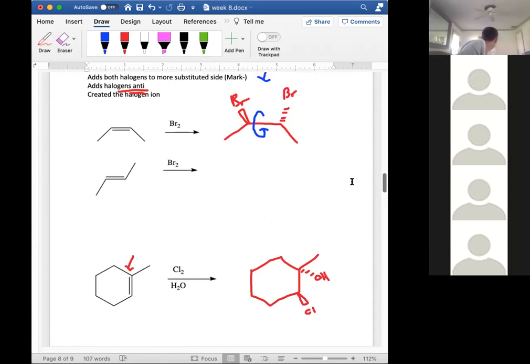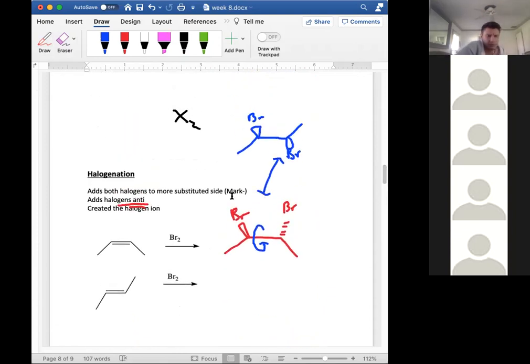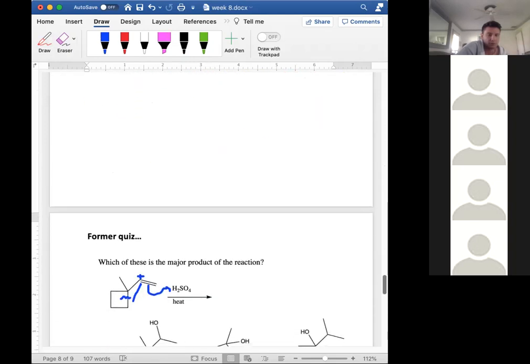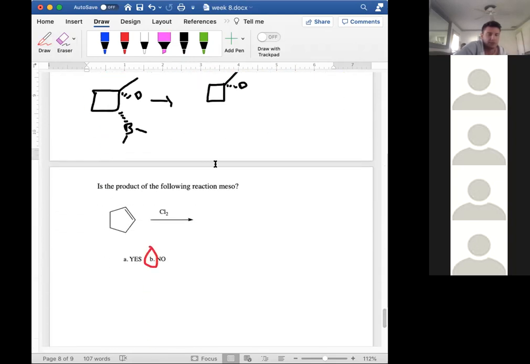Halogenation, it adds anti, right? So one of them is going to be wedged, one of them is going to be dashed. That is why this does not create a meso compound, right? You guys see that? So if one's wedged, one's dashed.